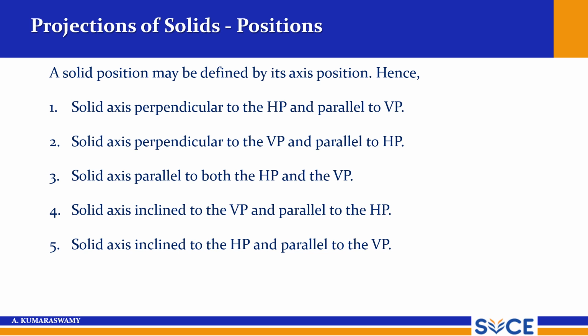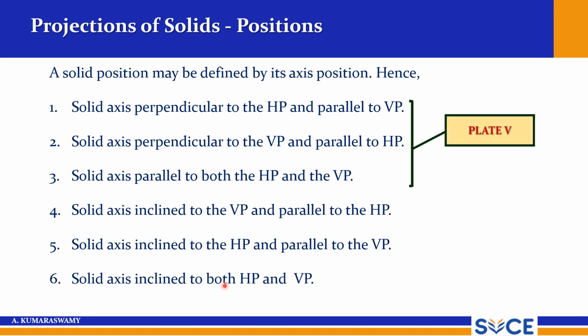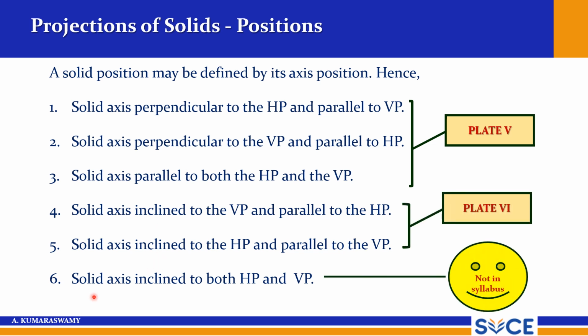Solid axis perpendicular to the HP and parallel to VP; solid axis perpendicular to VP and parallel to HP; solid axis parallel to both HP and VP; solid axis inclined to VP and parallel to HP; solid axis inclined to HP and parallel to VP; and the sixth case, solid axis inclined to both HP and VP. In our syllabus we are going to see up to the fifth case. The solid axis inclined to HP and VP is not required for our syllabus.